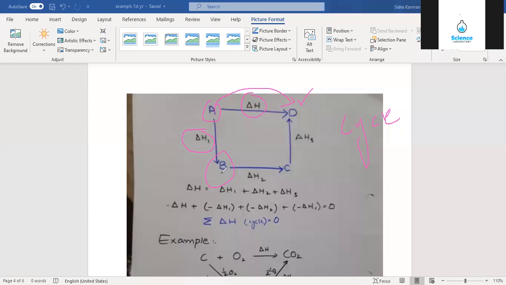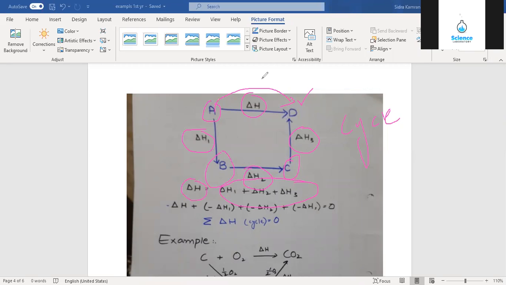Then you make B to C, another product rather than D. The change in enthalpy is delta H2. Then you form C to D, and the enthalpy change will be delta H3. So there are three heat summations. If you add all these three, that will be equal to delta H.